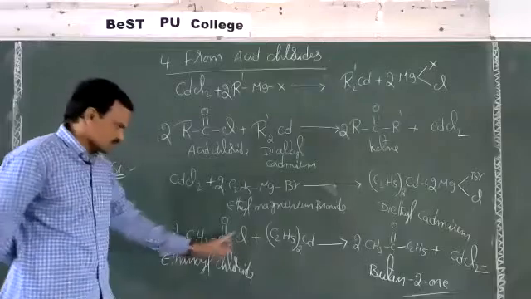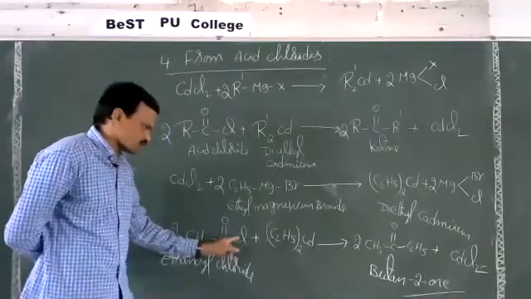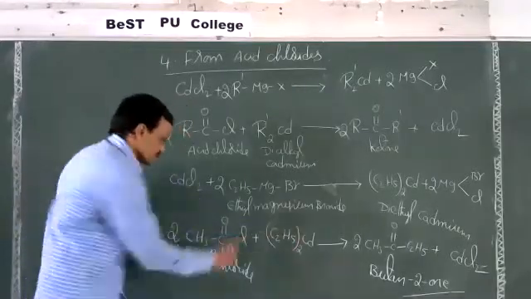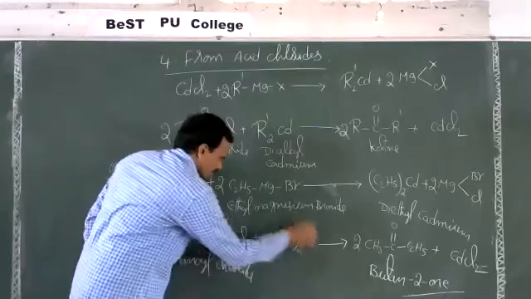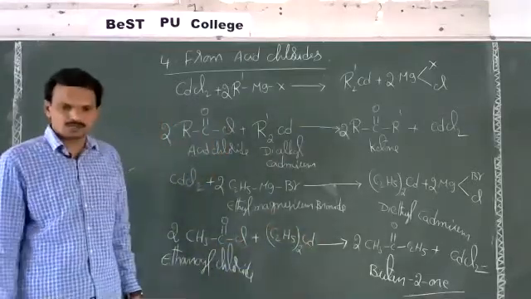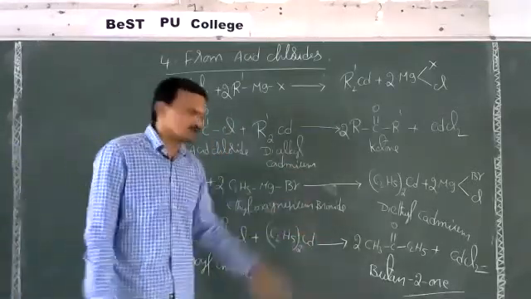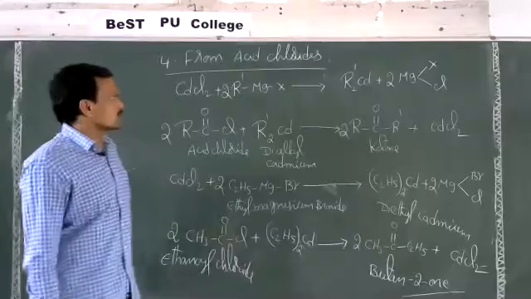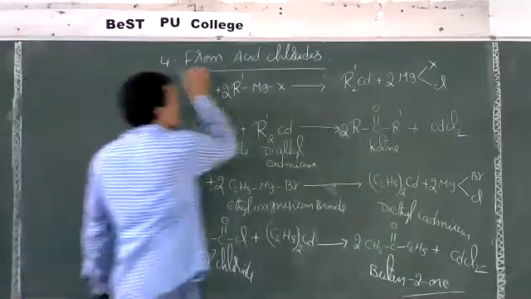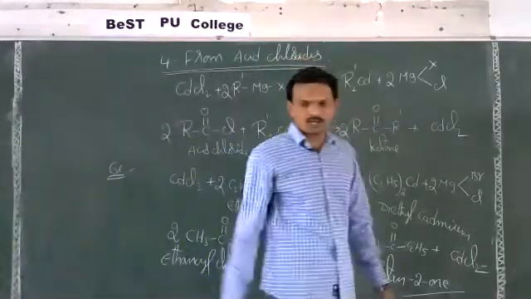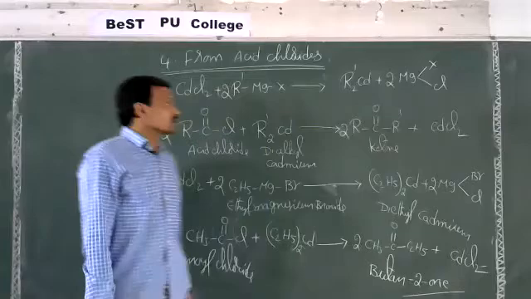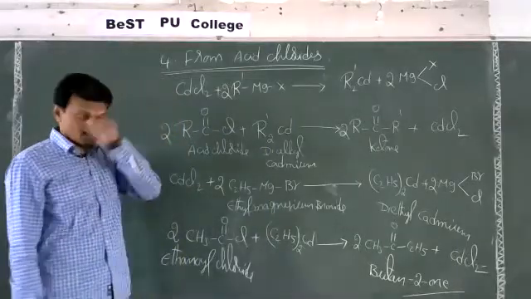Simply here replace Cl with the C2H5 group, cadmium and chlorine combine here, and cadmium chloride separates, CdCl2 plus ketone. So this is the preparation of ketones from acid chloride by reacting with dialkyl cadmium.